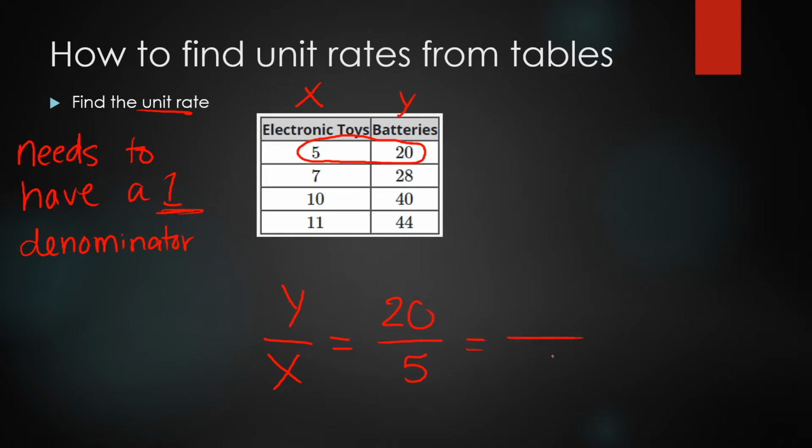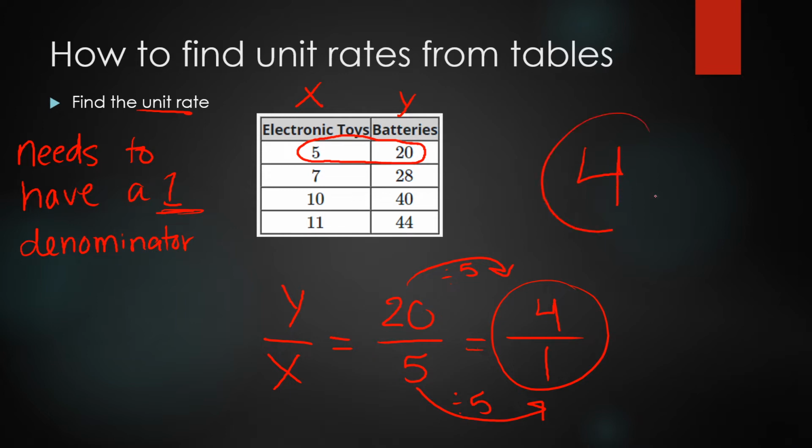So in order to make it a unit rate, we need to simplify it. In order to go from this 5 to 1, I need to divide by 5. And anything that I do to the bottom, I need to also do to the top. 20 divided by 5 is going to give me 4. So that means that the unit rate for this table is 4.